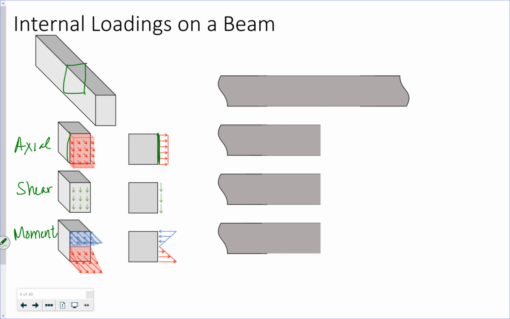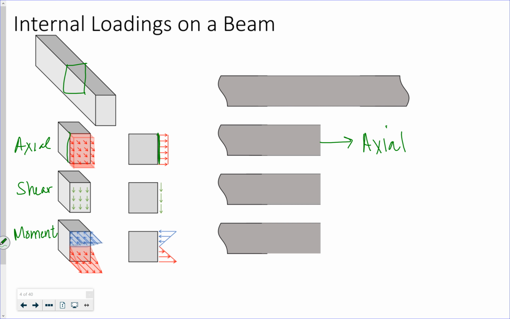This is bending with tension on the bottom and compression on the top. Then again, if I multiply that by the height, I can finally get a resultant of the axial stress, or the axial force.